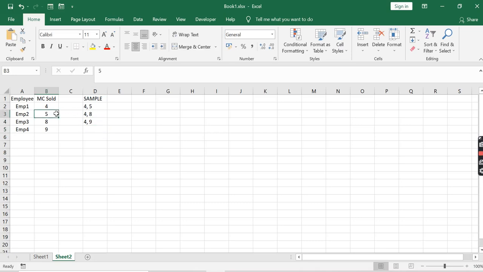Okay. So again, guys, we will not pair 5 into 4 because we already have 4, 5 here, which, in the principle of combination, is the same as 5, 4. So 5, 8. 5, 9. And lastly, we have 8, 9.